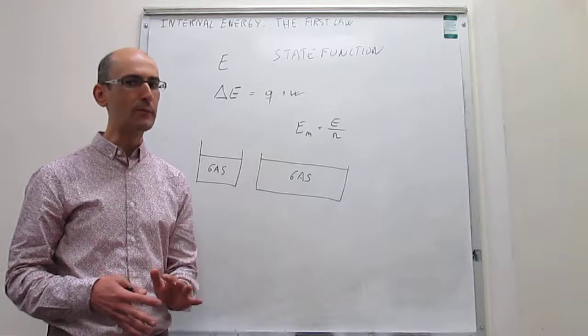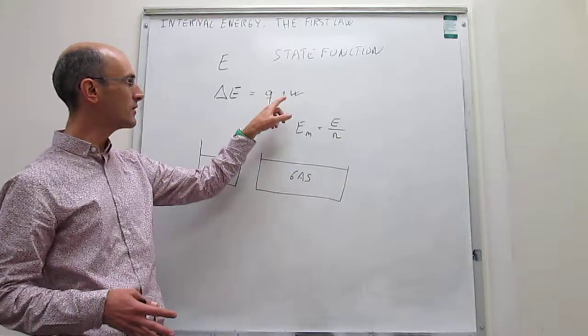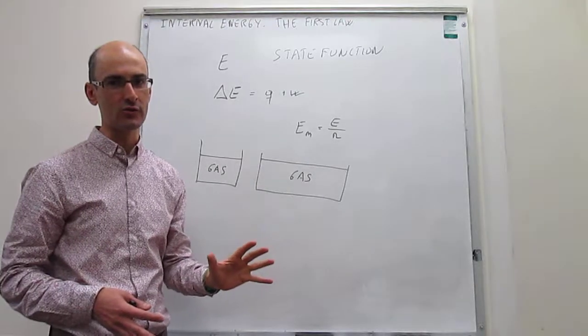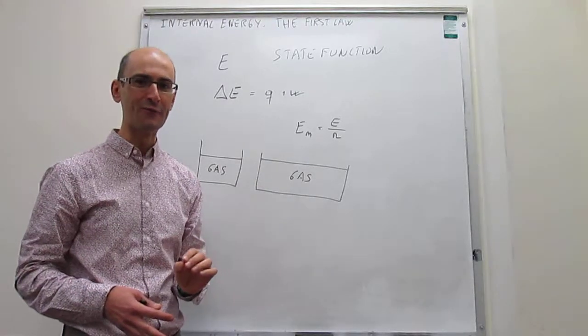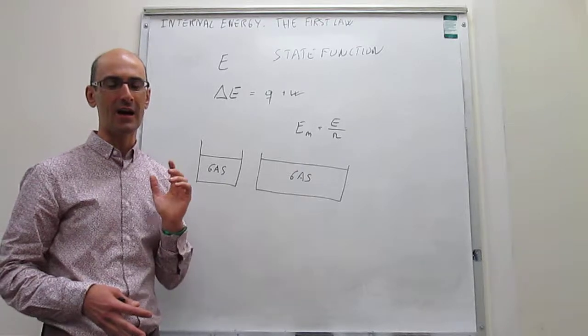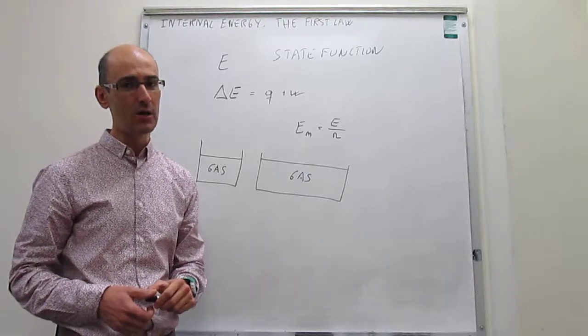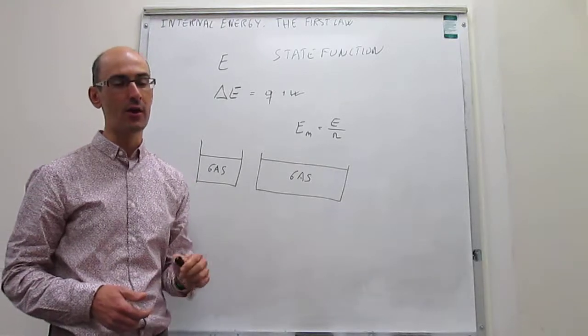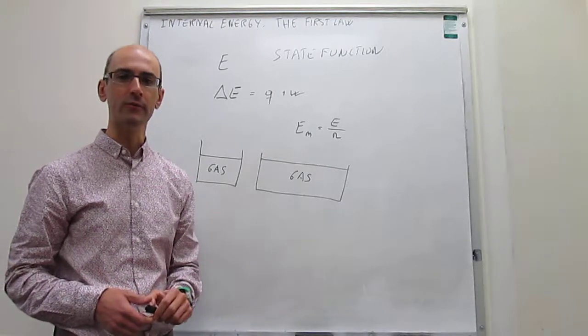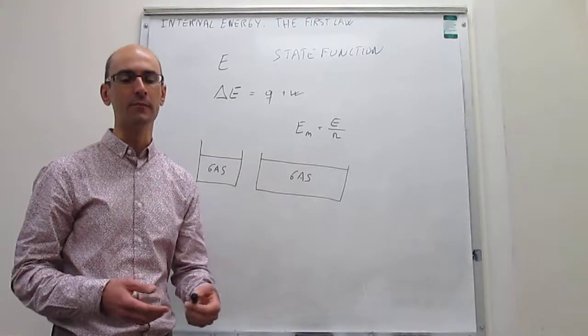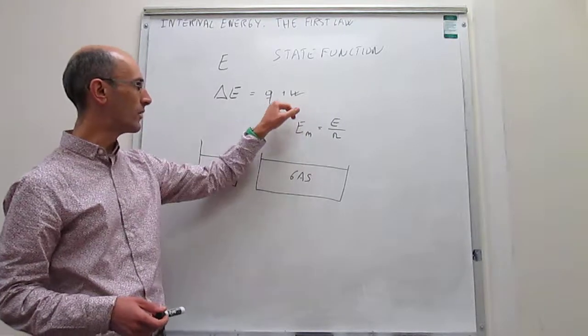Now, something very important is that while energy is a state function, work and heat are not state functions, and this will be a source of confusion. It turns out that work and heat depend on the way the process is carried out. So we're going to have to be very careful in defining the conditions in which the process takes place when we calculate work and heat.